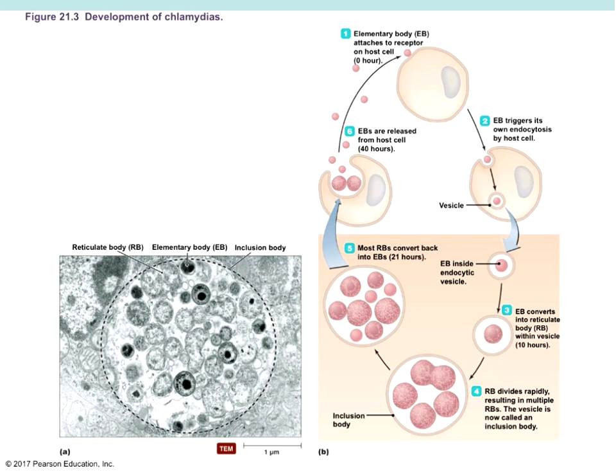Once the infected vesicle becomes filled with these reticulate bodies, it's called an inclusion body. About 20 hours after infection, the reticulate bodies within the inclusion body convert back to elementary bodies. And then a few hours after that, the elementary bodies are released from the host cell via exocytosis, and then they can infect a new cell and complete the life cycle.